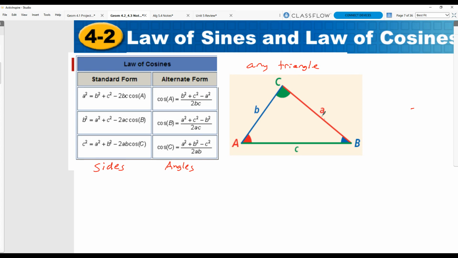A, B, and C could be either angle on here, but what you want to make sure is side A needs to be straight across from angle A. Side C straight across from angle C, and side B straight across from angle B. Okay, so you need your sides, your lettering to be on opposite sides of your angles. Okay, so that's really important. Okay, so let's take a look at when we would use law of cosines.